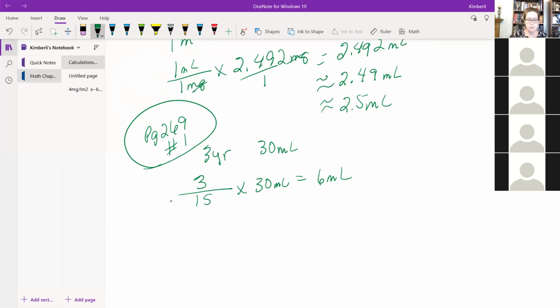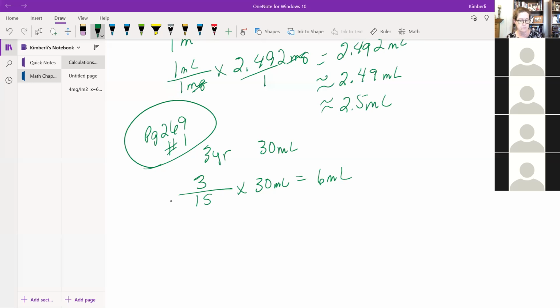Okay, look at number 2. Without even working it out, which rule would you use? The infant rule? The infant one, which one is that? Freed's rule. Freed's rule, good. What about number 3? Which one would you use for that one?